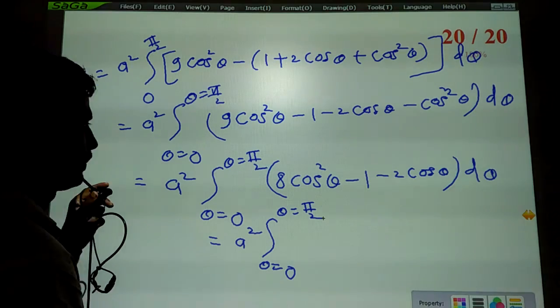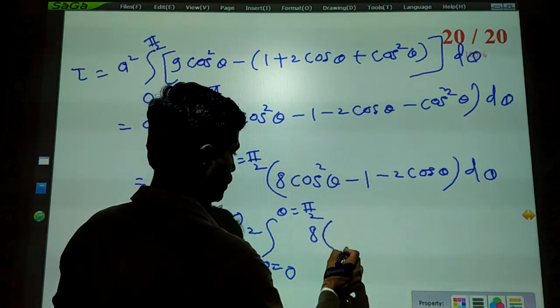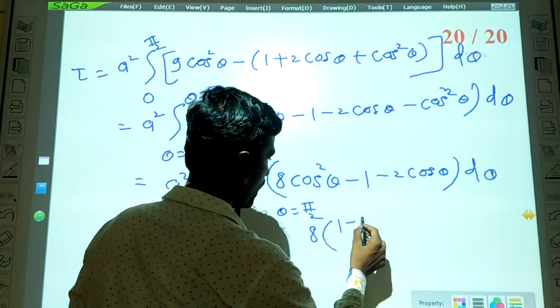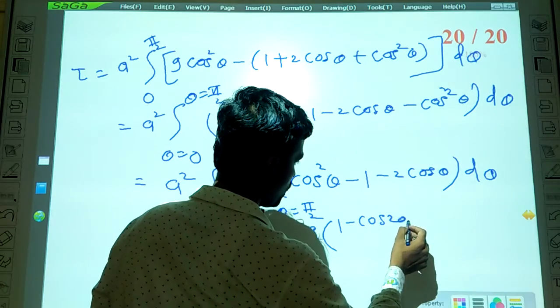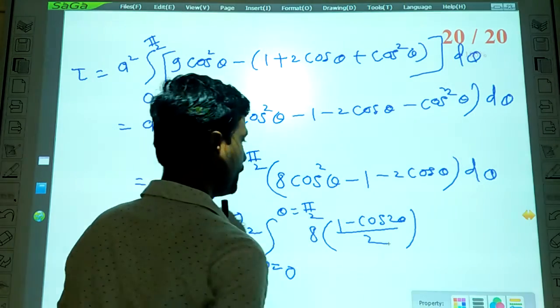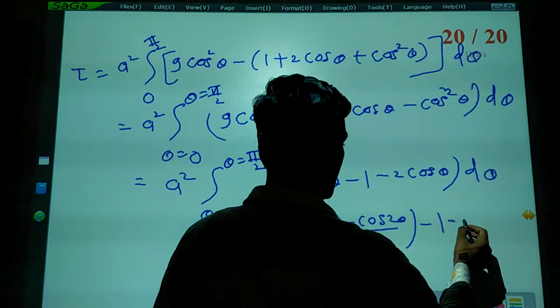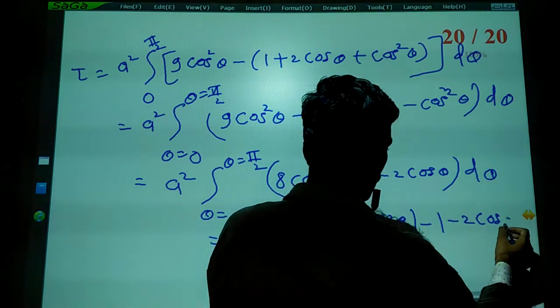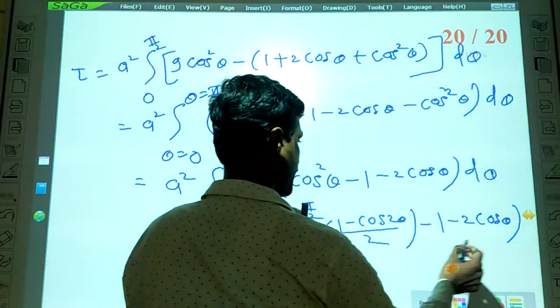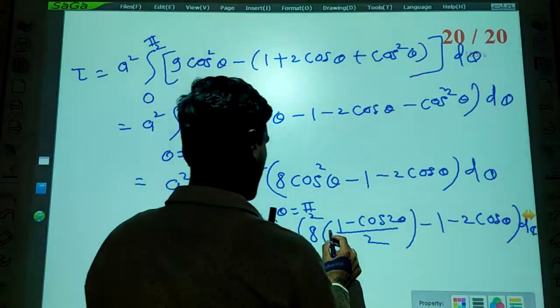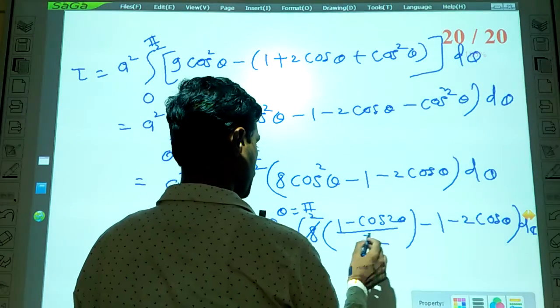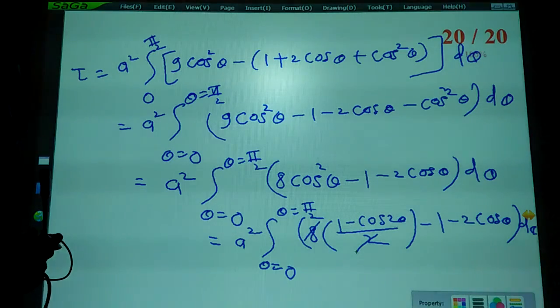So a square, 8 as it is. Formula: cos square theta is 1 plus cos 2 theta by 2. So 8 by 2, that is 4.